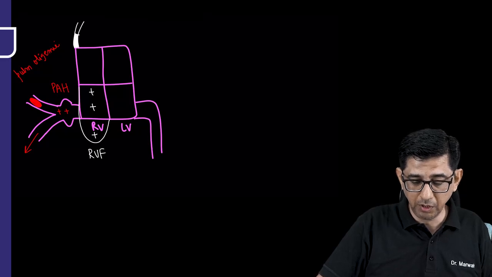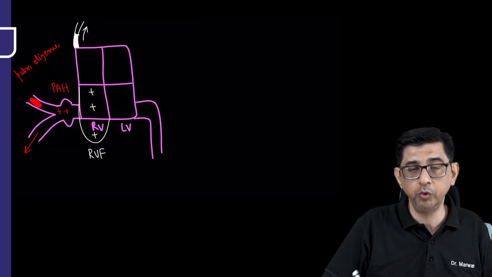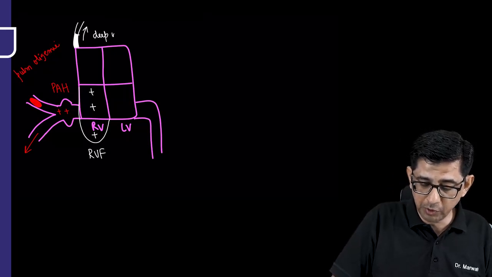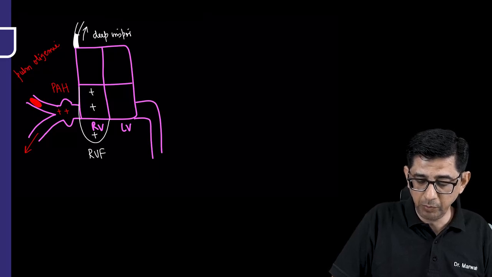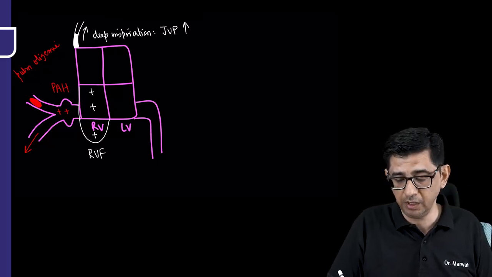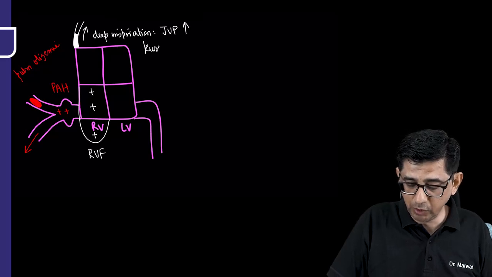So in this person, unlike a normal person, when you ask him to take a deep breath, normally on deep inspiration what we get is the JVP column falling. But in this person, on deep inspiration the JVP column is rather rising, and that is what is called the Kussmaul sign.